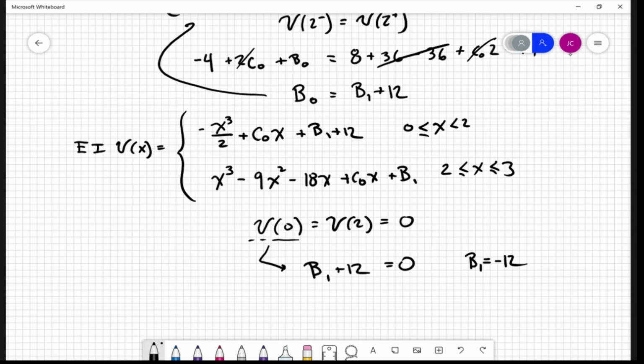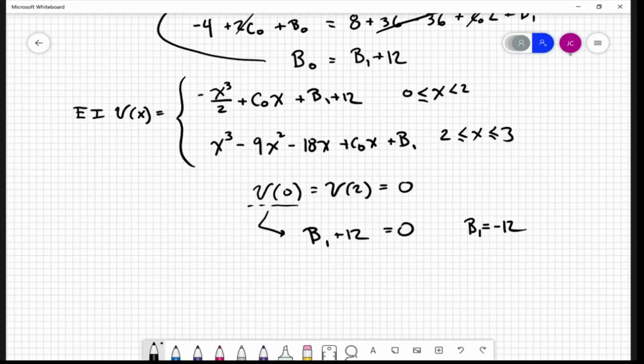Okay. And so now we got B1 equals minus 12. So this actually just becomes the following, right? Because B1 is minus 12, that cancels out. It just becomes minus 12, right? So there we go. So now we've gotten B1 out of the way.